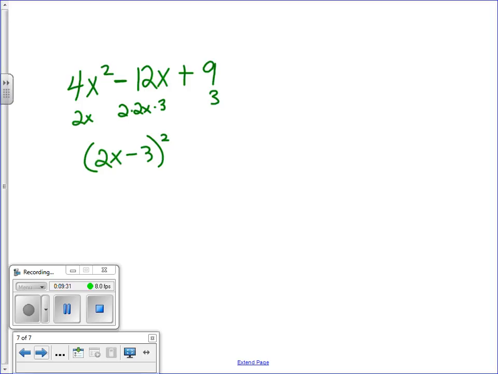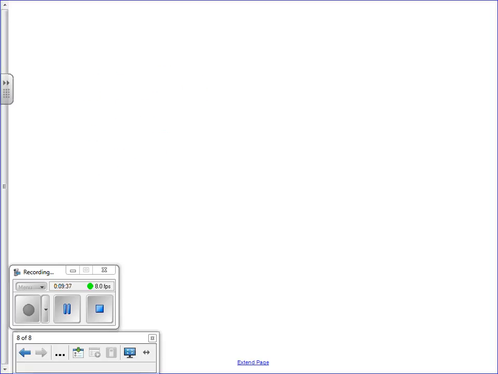Okay, so let's go back and look at that other problem that I tried to give you on accident. A squared plus 10ab plus 25b squared minus c squared. 4 terms. I have to factor by grouping, right?